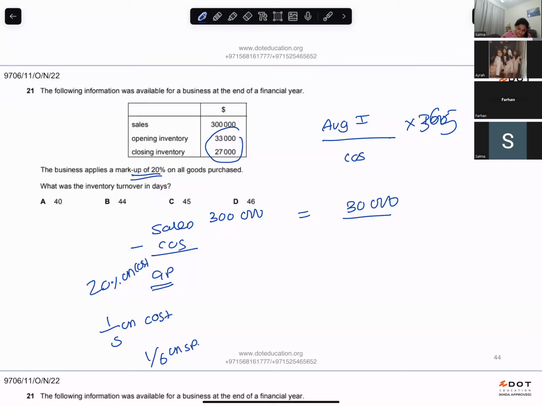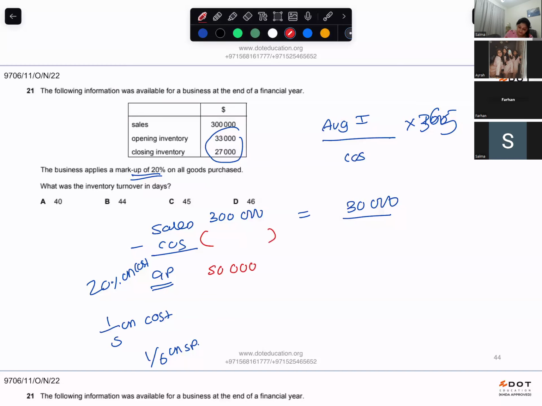So gross profit is 50,000 and cost of sales would be 250,000. So average inventory over cost of sales into 365 is 43.8, so 44 days.